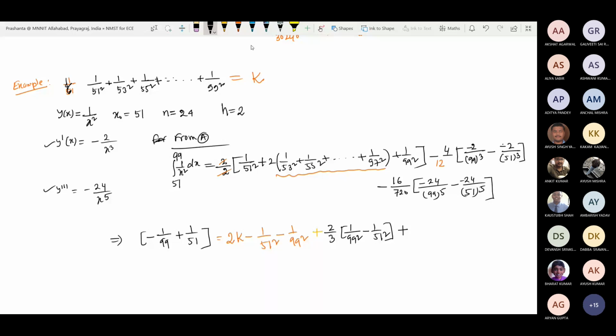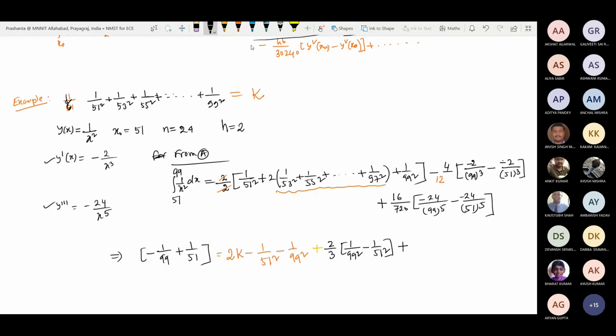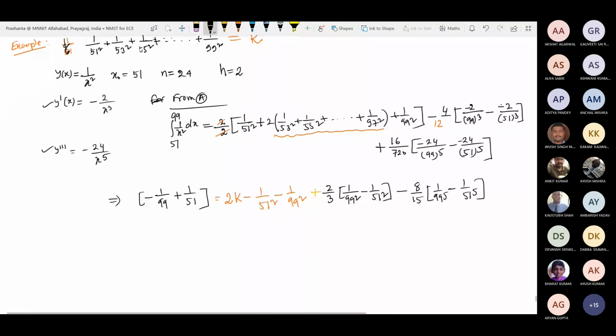Here it was a plus symbol, sorry, so it will be again minus 24 into 16 by 720. If you simplify, that will be 8 by 15 times 1 by 99 power 5 minus 1 by 51 power 5. Then you simplify the whole thing, that is a simple algebraic calculation.